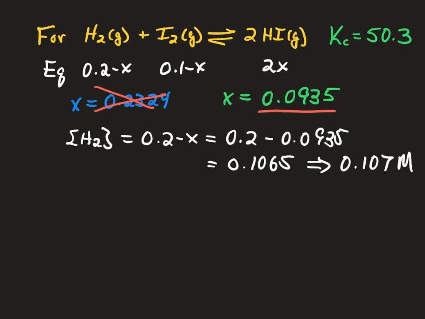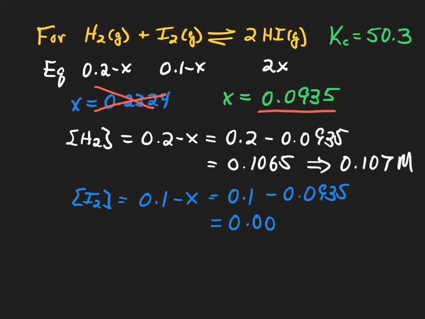So the concentration of iodine we said was 0.1 minus x, so that's going to be 0.1 minus 0.0935. That's going to be equal to 0.0065.